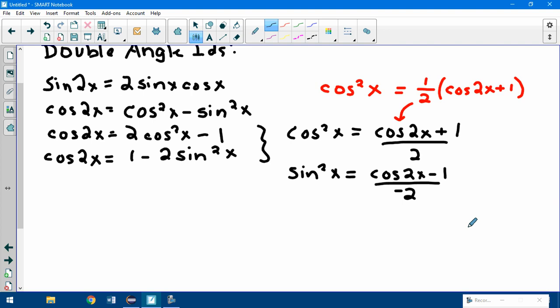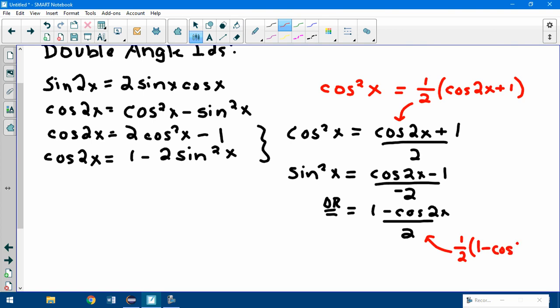Or, if I play around with my negatives a little bit, we could say this is equal to 1 minus cosine of 2x over 2. Right? I could put the negative through on the top instead of on the bottom. So this is the same as 1/2 times 1 minus cosine of 2x. And we can always replace sine squared of x with that.